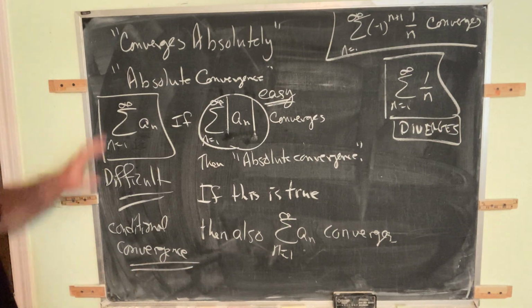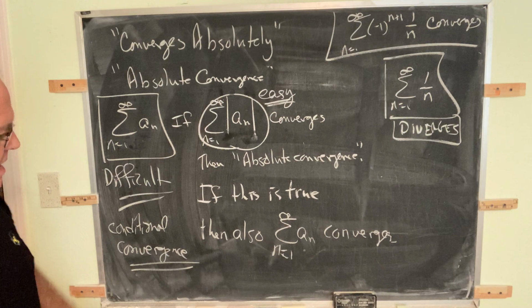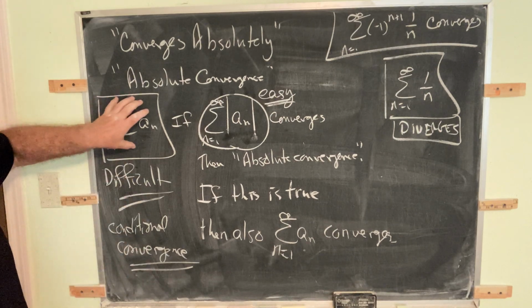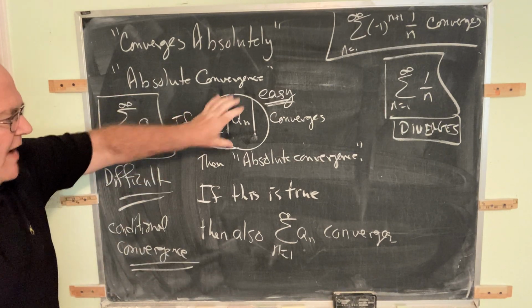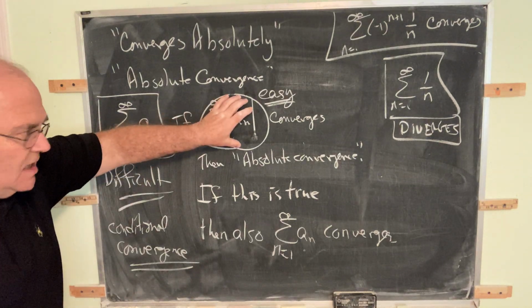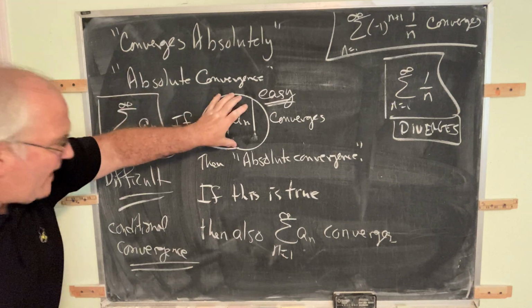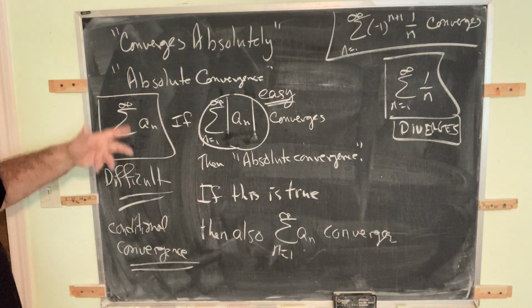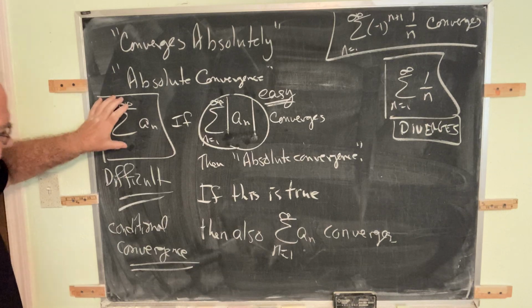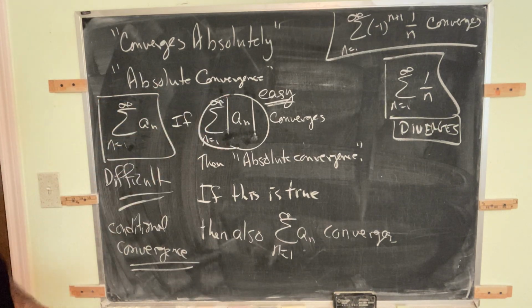Conditional convergence is when the original one does work, but the absolute values fail. If the absolute value succeeds, then you get this one thrown in for free. But if this one fails, and then you go to the work of actually verifying that this one does converge, but this one doesn't, that's called conditional convergence.